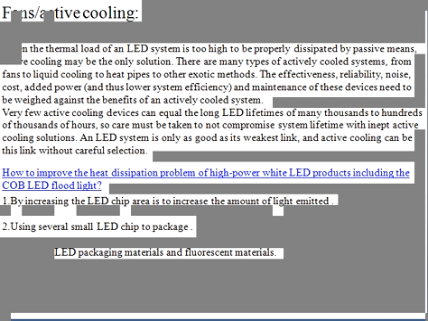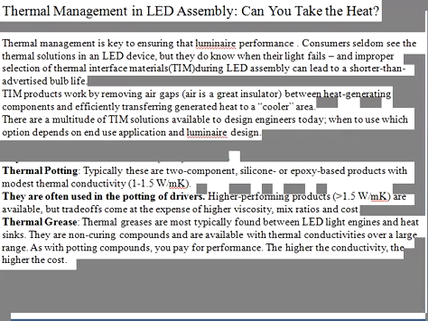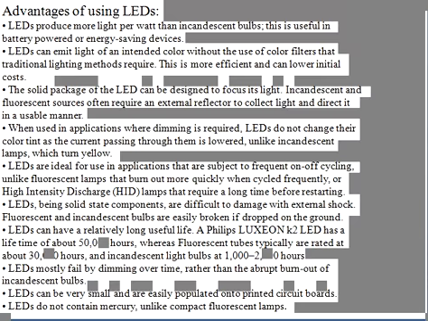The fans and active cooling are also important ways to reduce the heat. These are all the theory part we have covered. By changing the materials, we can reduce the heat to the maximum extent.